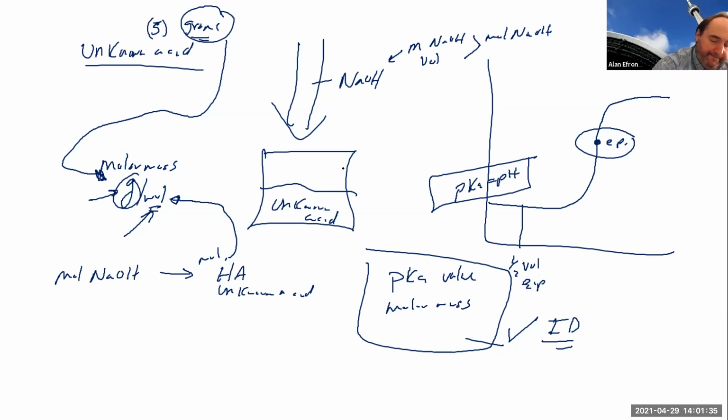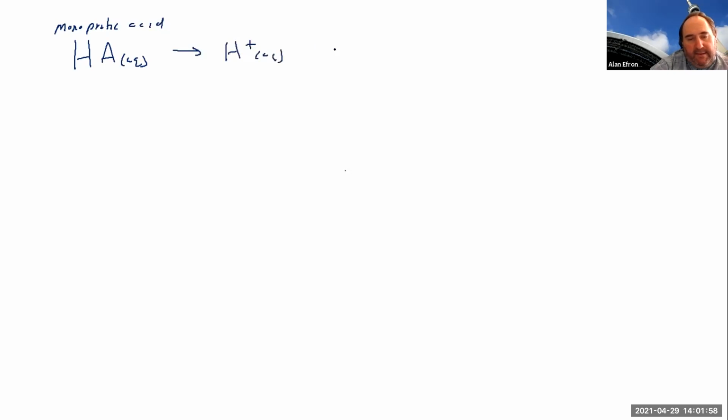Now, one last thing just to remind everybody. If you don't know what your acid is, you could always use generic formulas. HA is what is referred to as a monoprotic acid. That basically means it breaks apart into H plus and A minus.